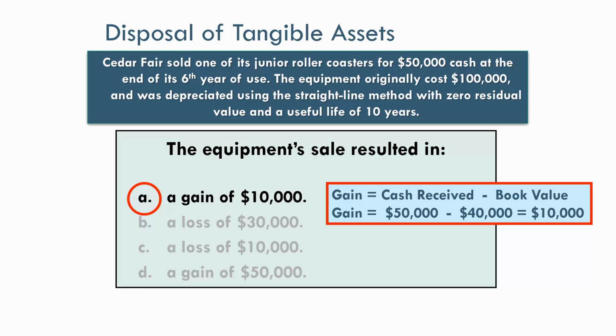Likewise, if it had sold for less than $40,000, if we had gotten in $30,000 and we expected to receive $40,000, it would not be recorded as an expense. It would have been a $10,000 loss.